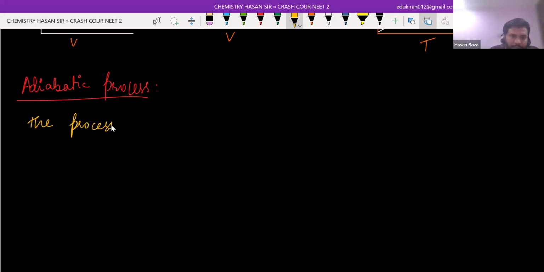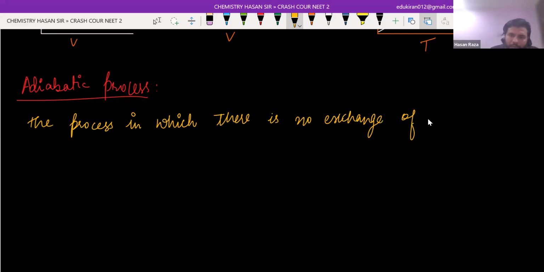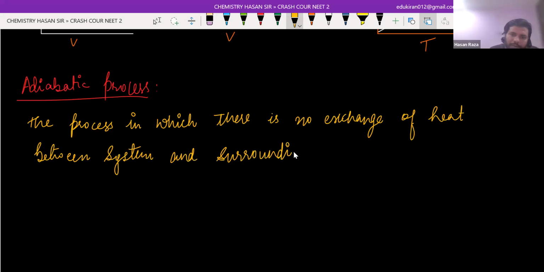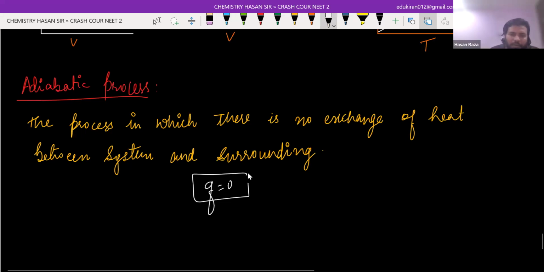This is the process in which there is no exchange of heat between system and surrounding. That is called your adiabatic process. And since there is no exchange of heat, the value of Q will be equal to 0.